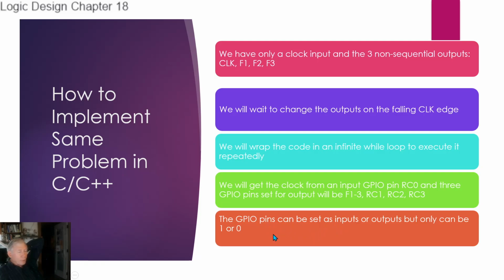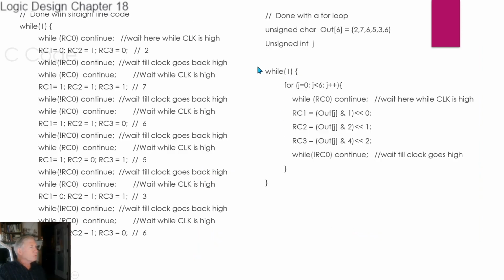As an input they represent ground or 5 volts, and you read it as 0 if it's ground, 1 if it's VDD, 5 volts. As an output, it's either going to output 0 volts or 5 volts, and generally it doesn't output anything in between except when it transitions very rapidly. Once it's stable, it's only going to be 0 or 5 volts, if that's what the chip's running at.